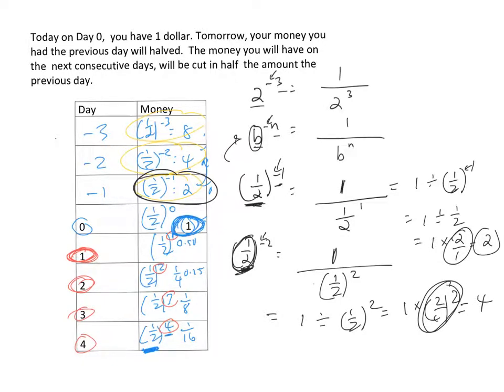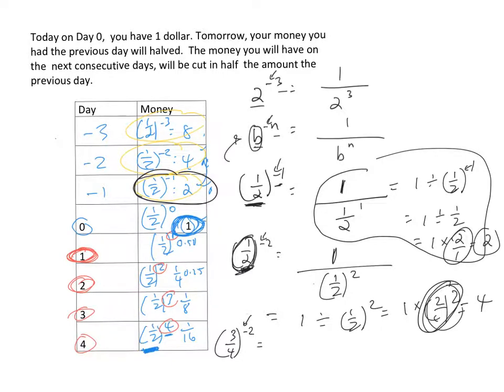So if we're to generalize this, let's actually get some room in the bottom here. If you have, for example, 3 over 4 to the power of negative 2, we're going to use a different example. To do this, you don't actually have to show all the steps. You can if you want to, but here's another way. This negative indicates you're going to have to flip, meaning take the reciprocal.